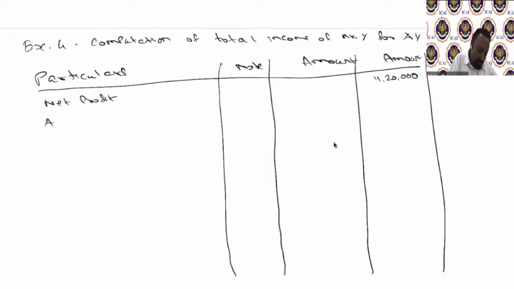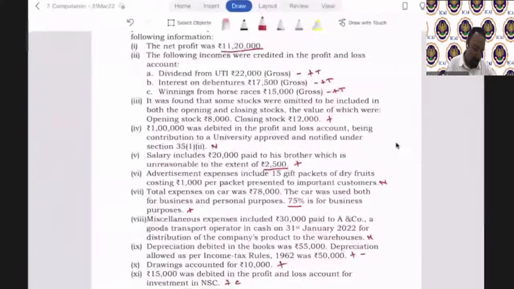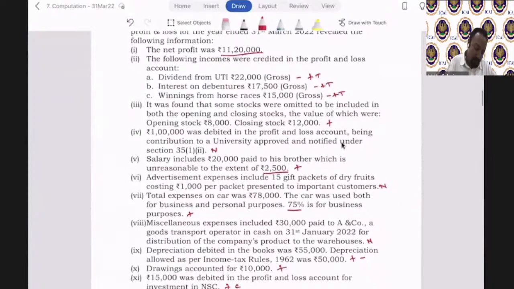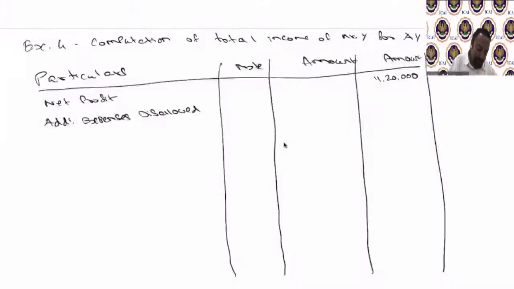So first step, what? Add expenses disallowed. So that is the first step, right? So you go back and add what? We are talking about adding. Okay, this is income, so we'll come back to that later. The first expenditure is this 2,500.